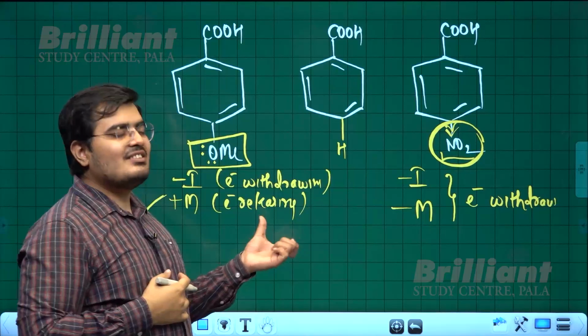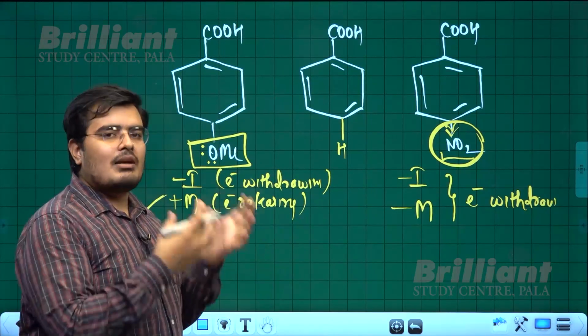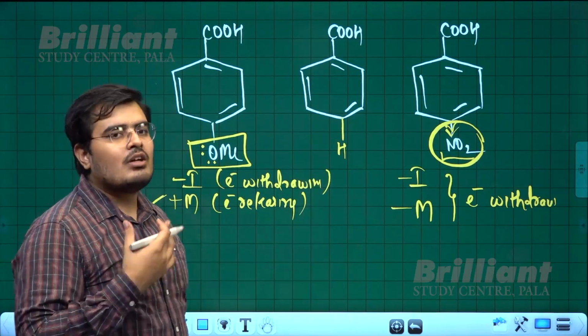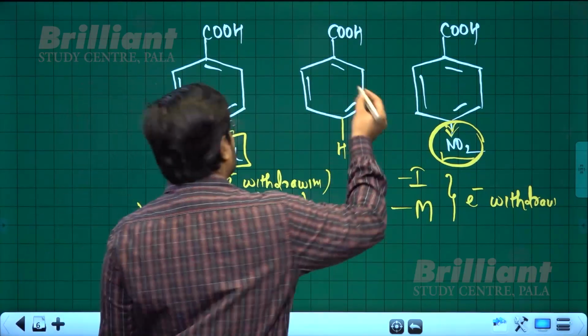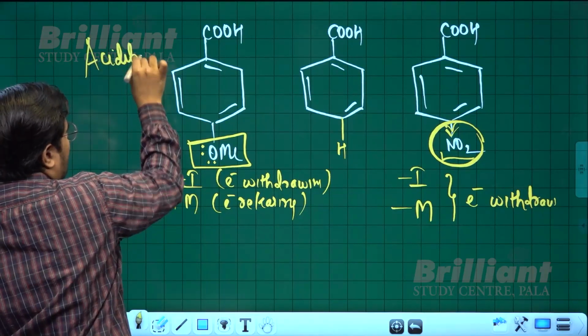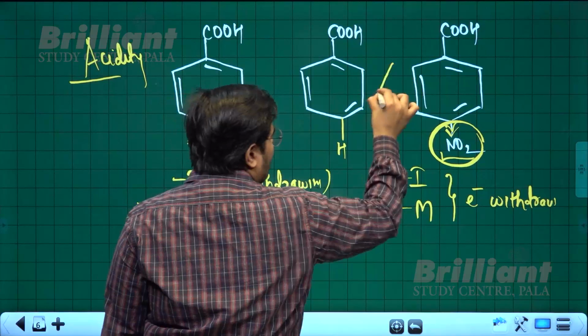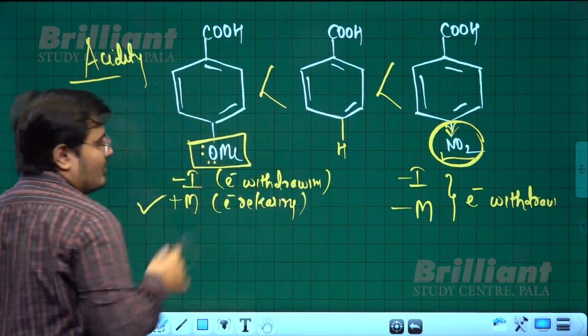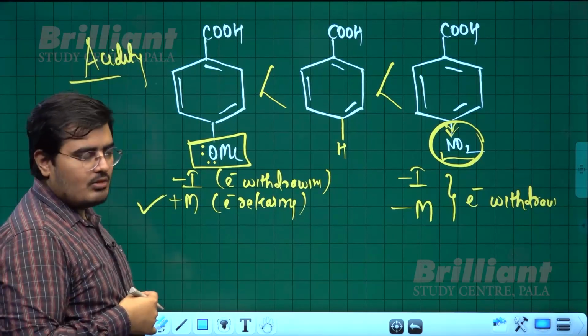Again, go back to the basics. In substituted carboxylic acids, the acidity will be more when an electron withdrawing group is attached. So the acidity order is: the one with an electron withdrawing group is more acidic than the unsubstituted one, which is more acidic than the one with an electron donating group.